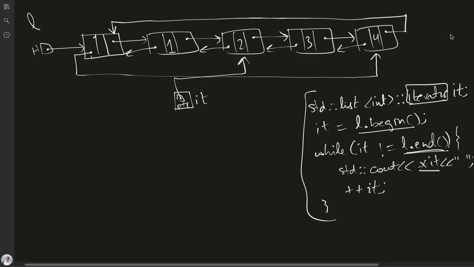These begin and end functions would be implemented as functions of the list class, and the iterator class would be implemented as a nested class of the list class. So we would have something like this.